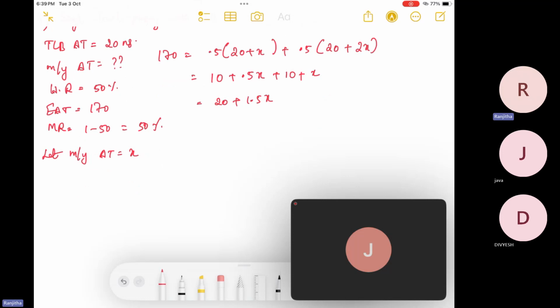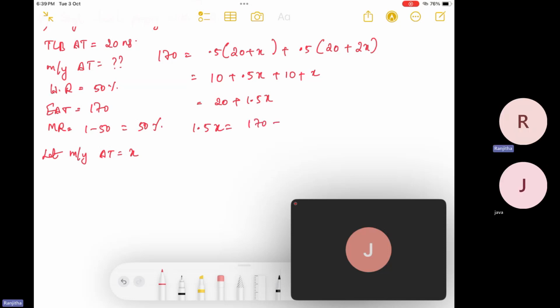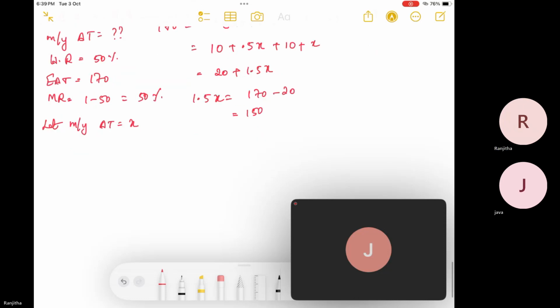So 1.5X equals 170 minus 20, which is equal to 150. So X equals 150 by 1.5, which is equal to 100 nanoseconds.